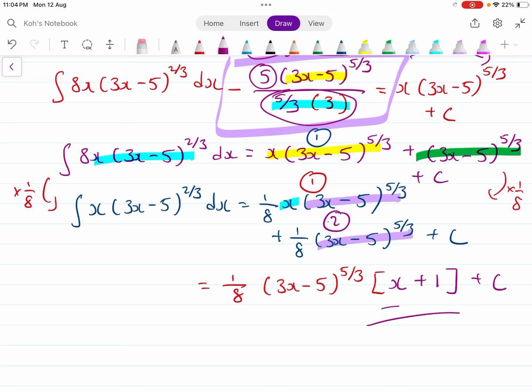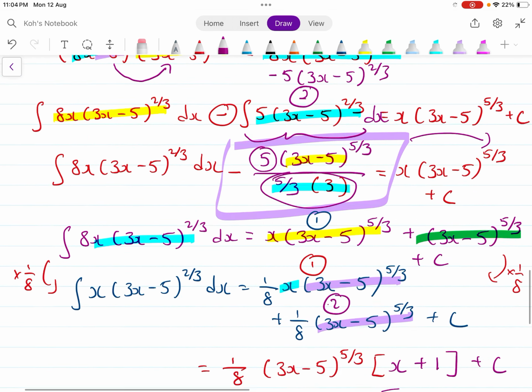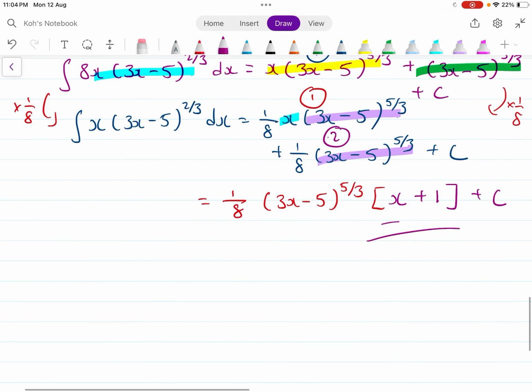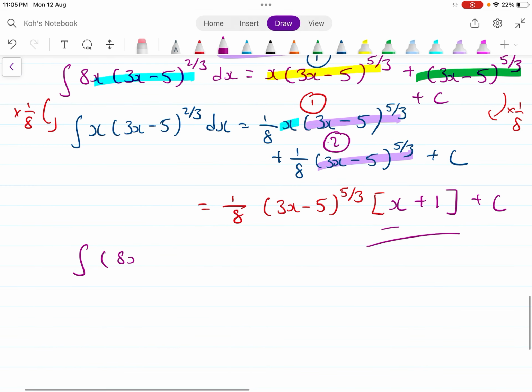So just remember, don't speed up. Because I think the step that you do is you speed up. So I just re-emphasize: you do this, 8x − 5 bracket times (3x − 5)^(2/3).